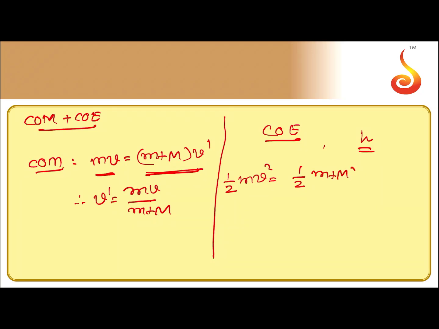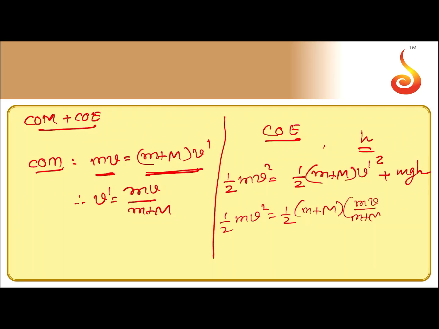Half (m plus m) into v dash square, plus the rise in gravitational potential energy, mgh. Substituting, half mv square is equal to half (m plus m) into (mv divided by (m plus m)) square plus mgh.